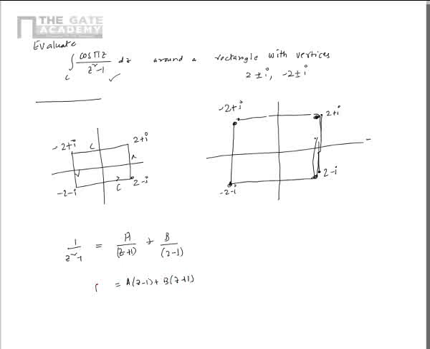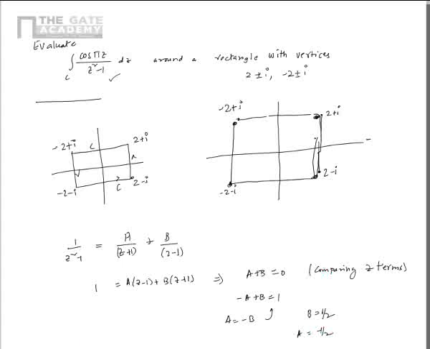Comparing z terms, a plus b has to be equal to 0, and comparing the constant terms, minus a plus b has to be 1. So a is equal to minus b from the first, and when you substitute here, you will get b as half and a as minus half.